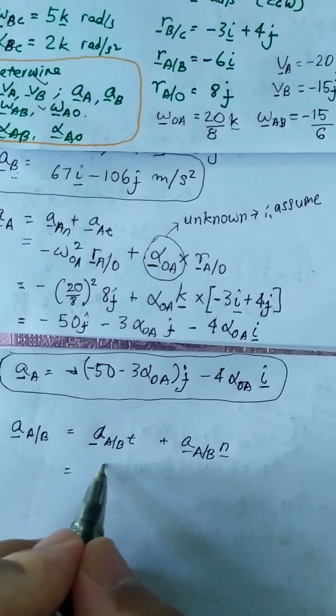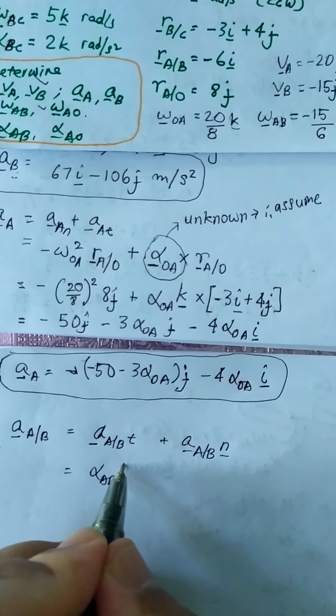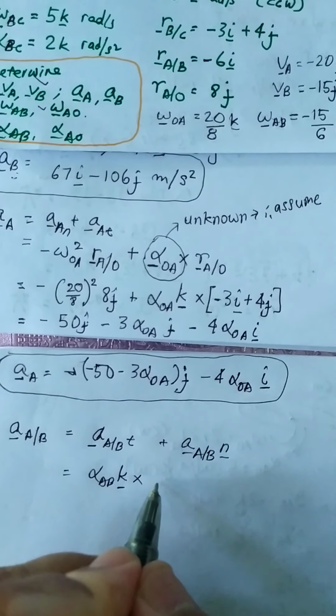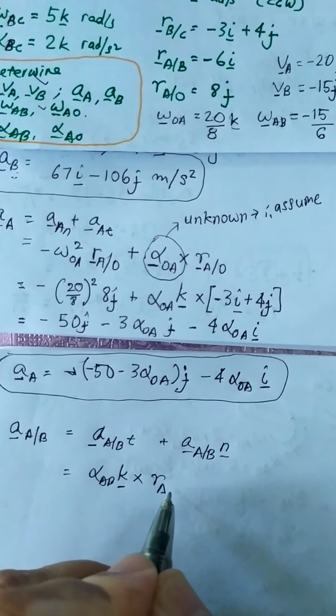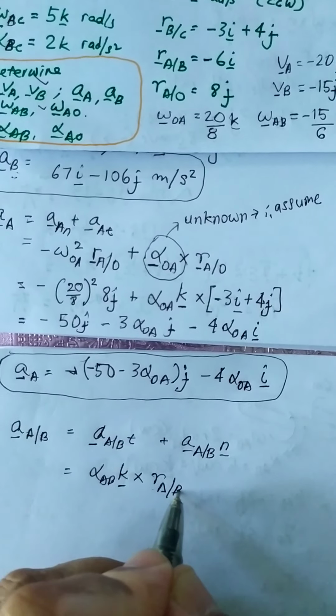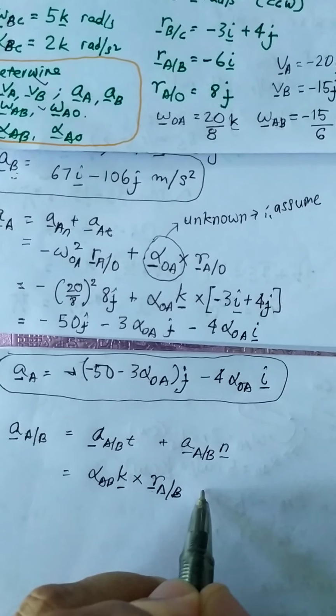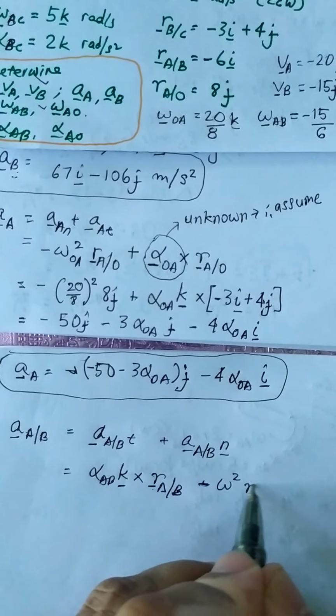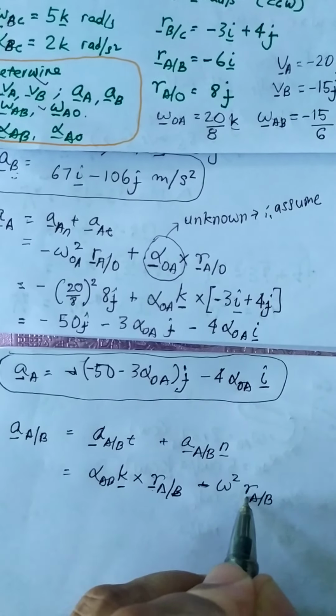The tangential is alpha AB, and we don't know about it, so we assume alpha AB k cross position vector A relative to B. Similarly, the normal component is minus omega squared position vector A relative to B.